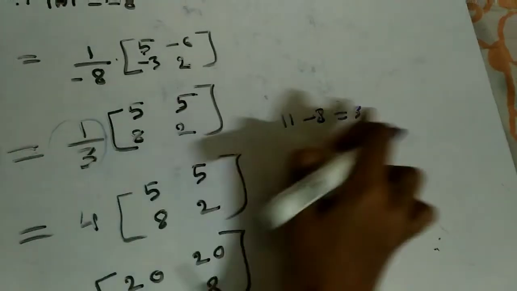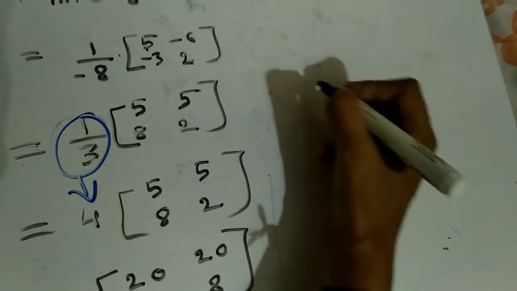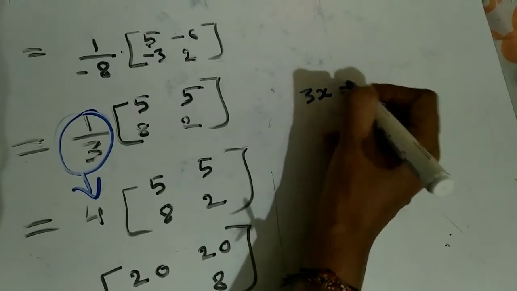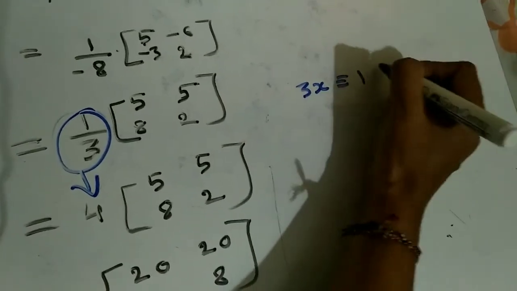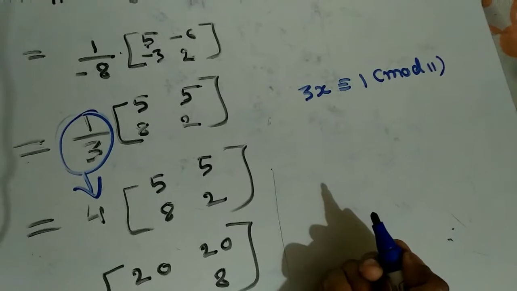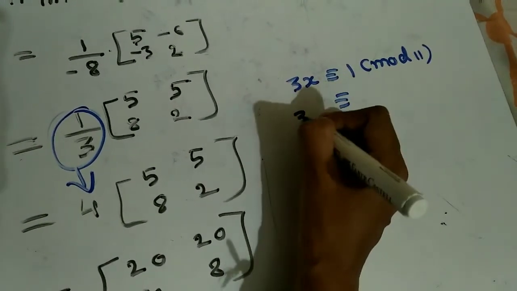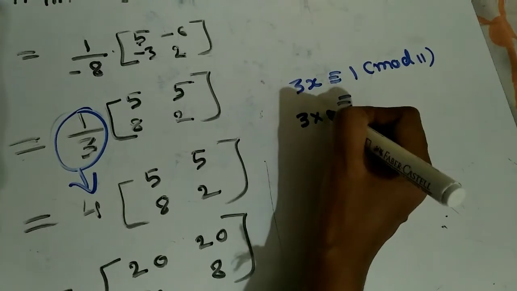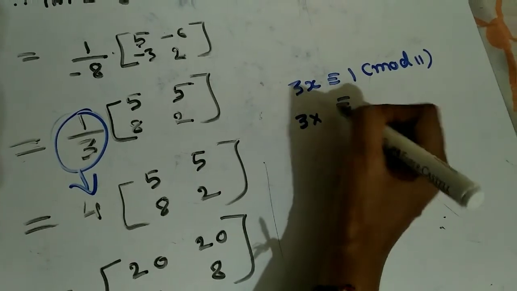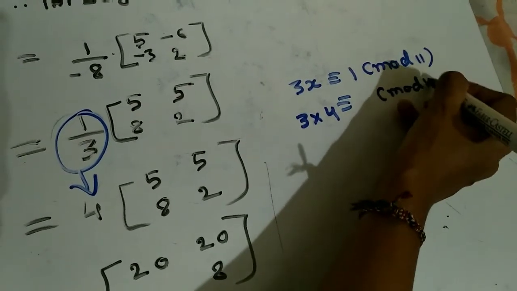Now it becomes 1 by 3. How does this 1 by 3 get converted into 4? Just look here, 3x is congruent to 1 mod 11, so we have to apply the modulo method. For which number do I get 1 with this mod 11?